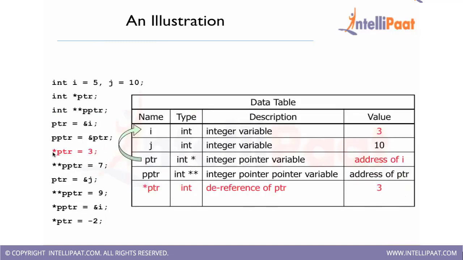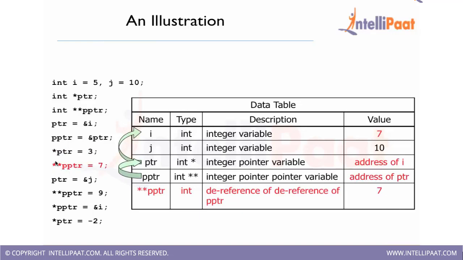Now we are changing value at address ptr equal to 3. So whatever the value at address ptr is, it becomes 3. So the value of I will also be changed to 3, because ptr is storing the address of I. Now value at address pptr: first it will get the value of pptr, which is the value of a single pointer, which is the address of I. So how will I execute this code?